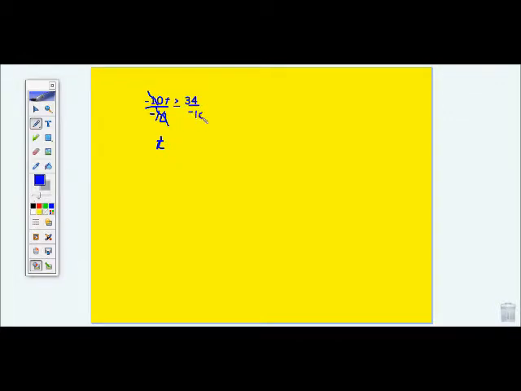So 34 divided by a negative 10 would give me 3.4. And I divided by a negative, so I need to remember to reverse my sign. Again, same kind of graphing rules that I was using just a little bit ago with 3.4. And that finishes that lesson for me.